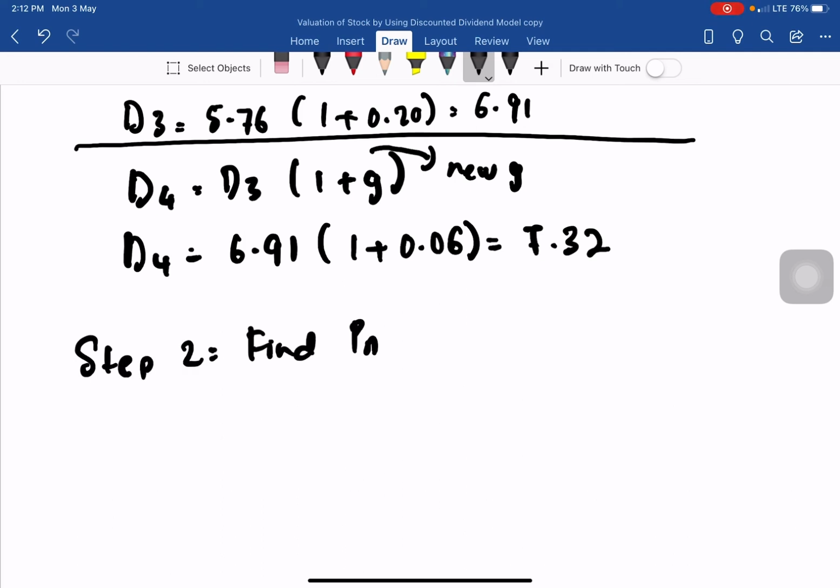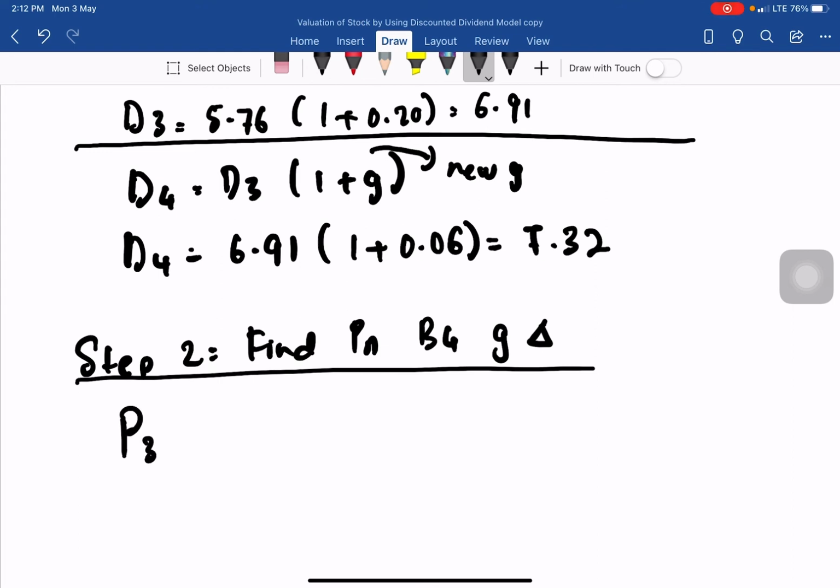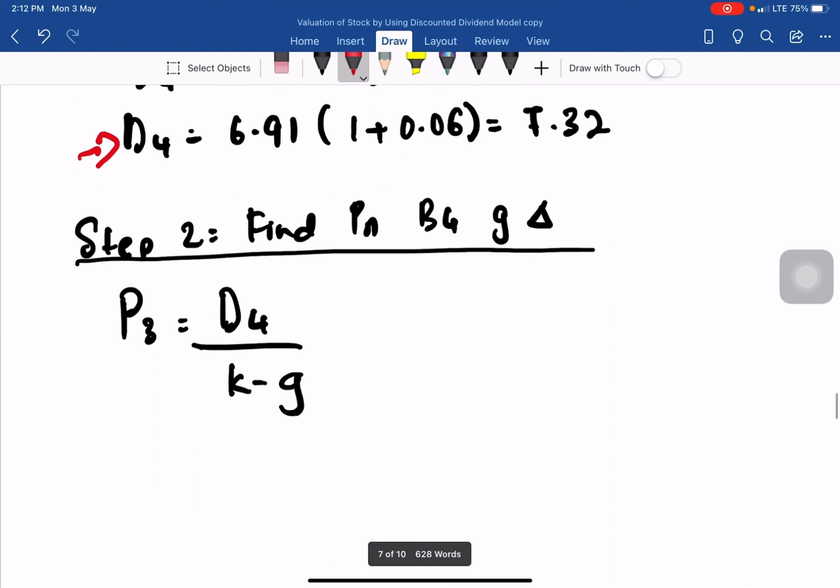Okay, and then next, the step 2 is to find PN. Find PN before G change. Okay, so before the G change tadi, G change at year 4. So kita nak cari P3. Okay, P3 lah kita nak cari. So P3, we know that the formula of P3 is equal to D4 over K minus G. So that's why kita dah calculate siap-siap D4 kat sini tadi. Alright, so sebab kita nak guna formula ni.